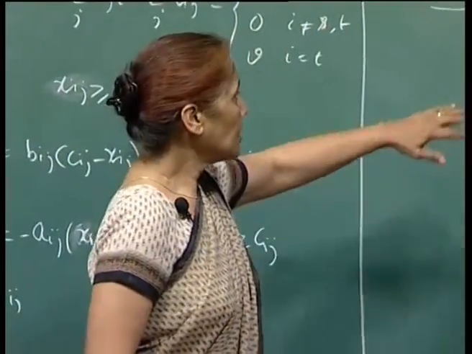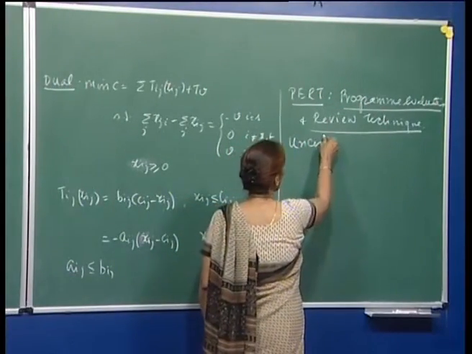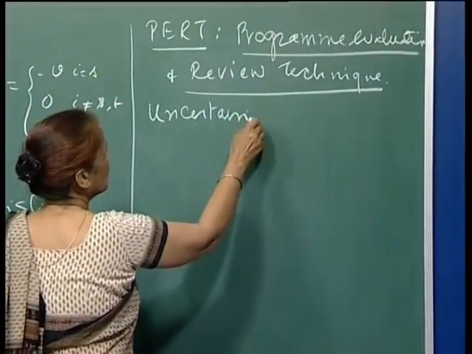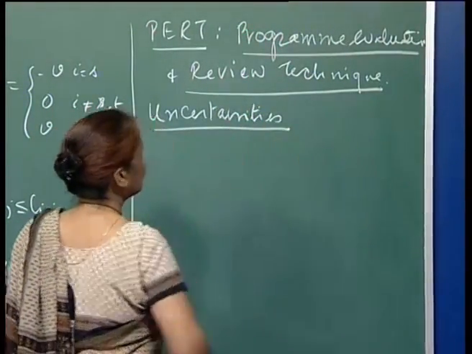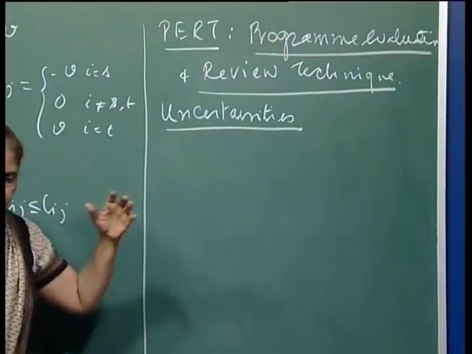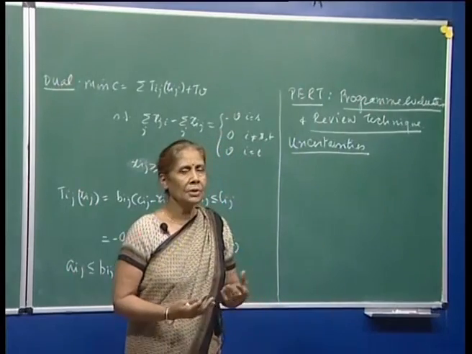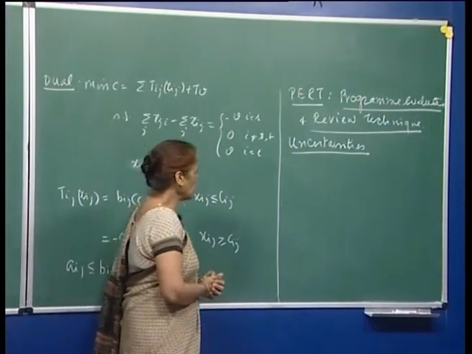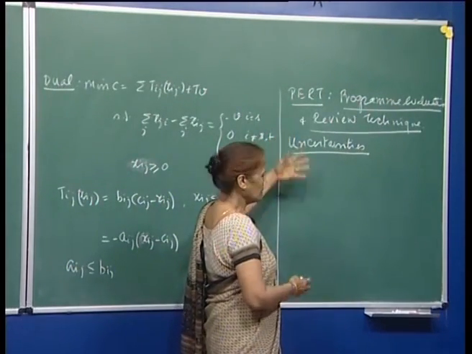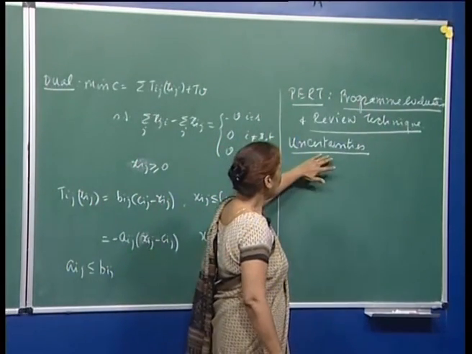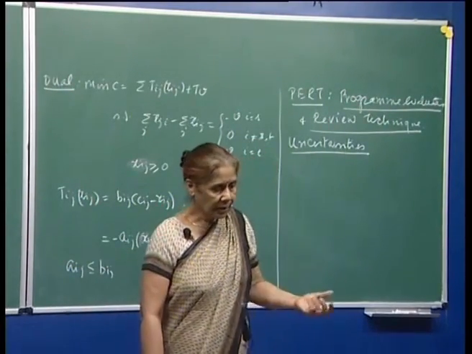So, PERT comes in when there are uncertainties. When situations are uncertain, you are not confident, or you do not have enough knowledge about the jobs involved in the project, and the project is huge, then PERT comes in, and this is a very useful technique, and we will try to look at it.